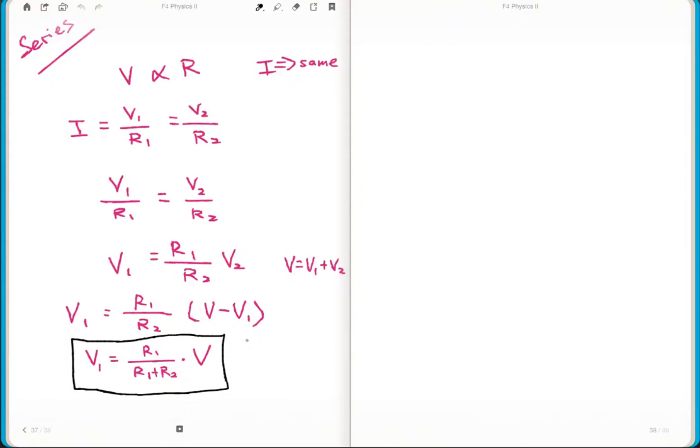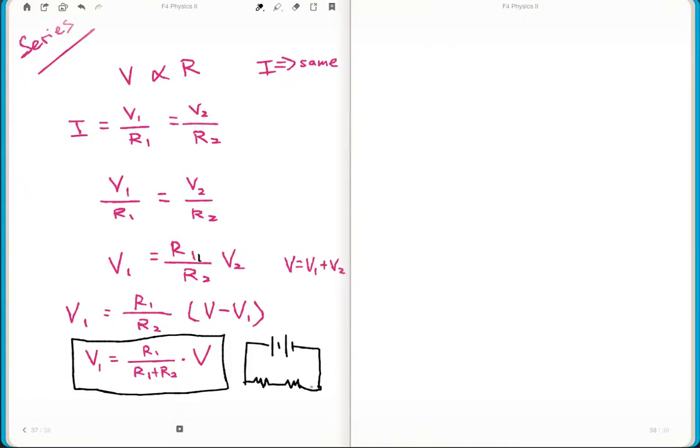So we have a circuit that looks like this. This is the voltage you get from the cell, and this is in series. So you get 1, 2.